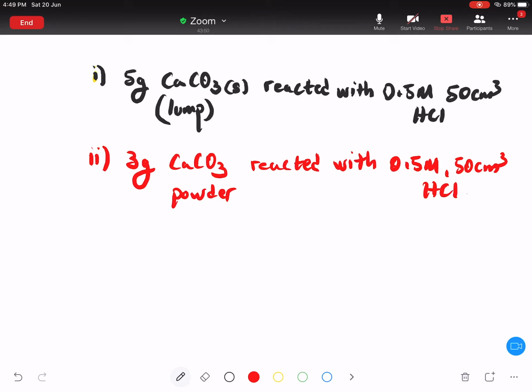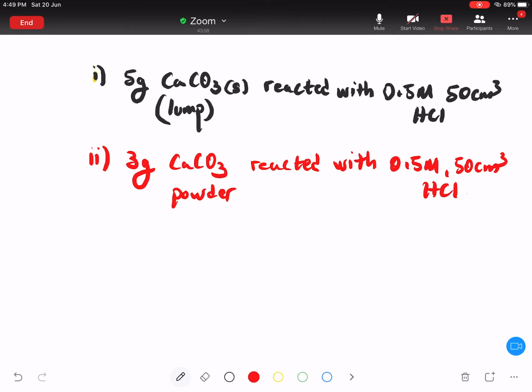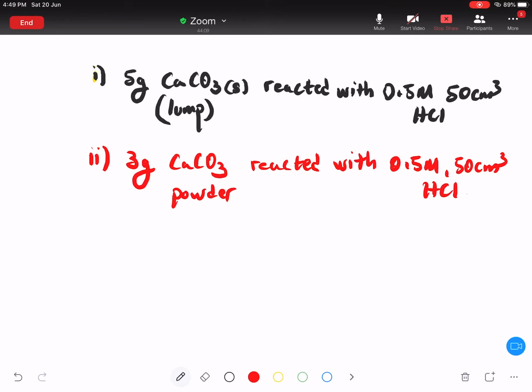Done, babies. Have you done or not? Let's have a look. 5 gram of calcium carbonate. Okay, macam ni guys.